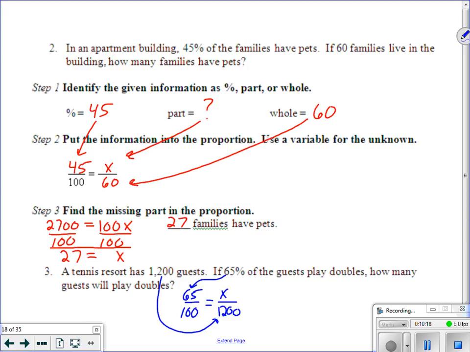So now what I need to do is I need to take 65 times 1200. When I take 65 times 1200, I get 78,000. And 100 times x is 100x. So all I need to do here is divide by the 100.